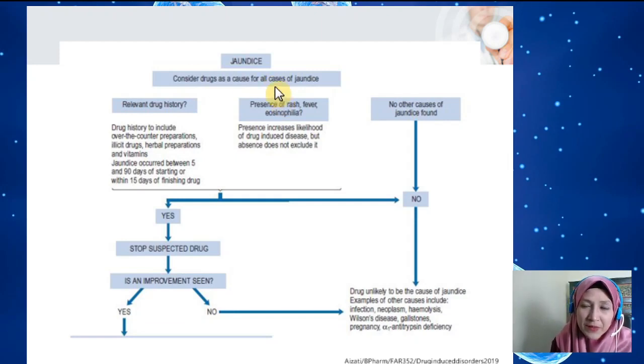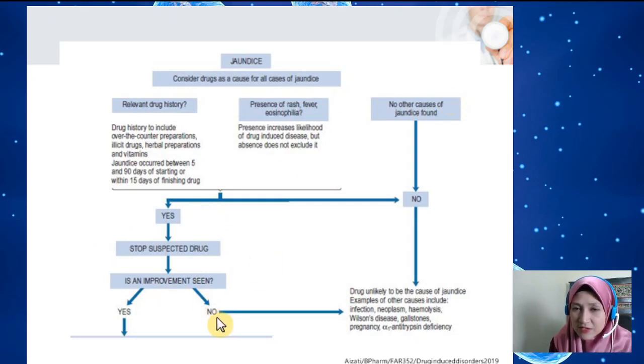For example, your patient comes in with jaundice, so you want to consider drugs that might cause jaundice that the patient is taking, any relevant drug history, any OTC, any illicit drug use, herbal preparation, and vitamins, and whether this patient also has a rash, and also if there is no other cause of jaundice found, then we need to stop the suspected drug and monitor the patient's condition.